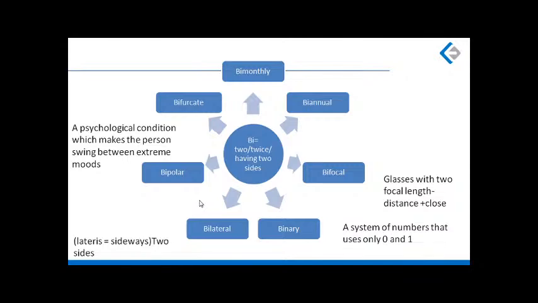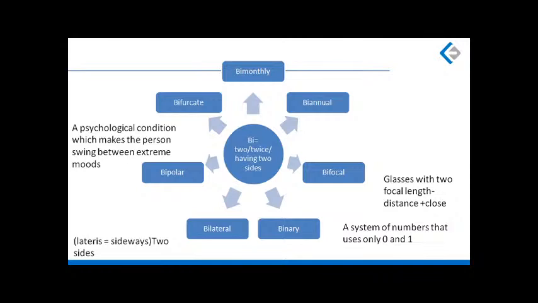Bipolar, related to psychology or psychiatry. If you know a bit of geography, poles are the extreme ends of the earth, and that is why bipolar disorders are a set of conditions in which a person's mood fluctuates between extremes.